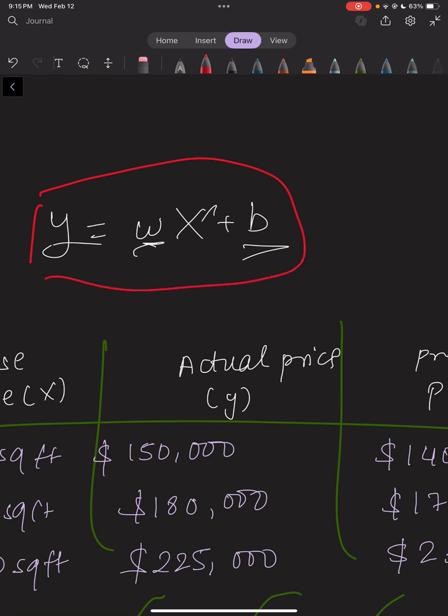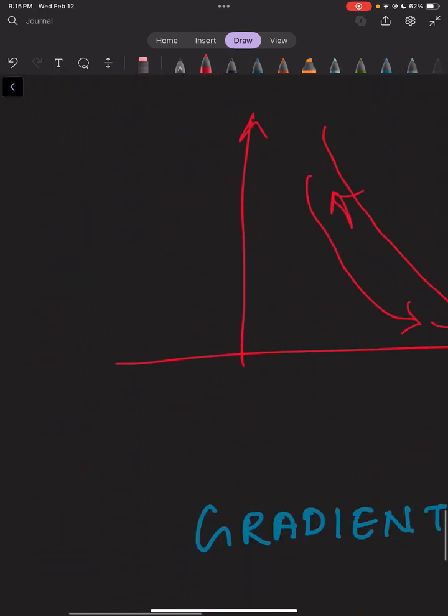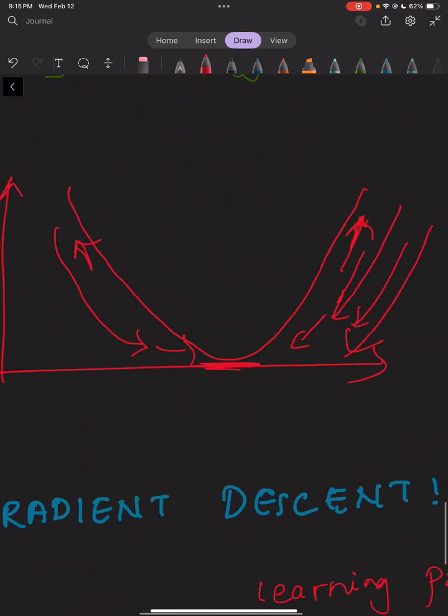So we start with guessing random values for our W and our B, because that's the only things we can change, right? We cannot change the X or Y. And then we check the cost function to see how bad it is. We make tiny adjustments to the W and B to lower the cost, and we repeat this until we reach the bottom of the cost function bowl. And in the next video, I will talk more about how we achieve this.